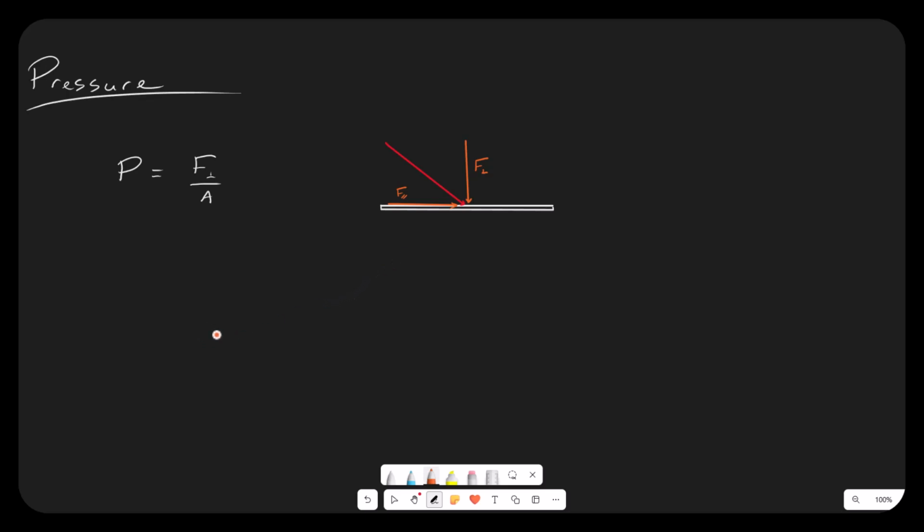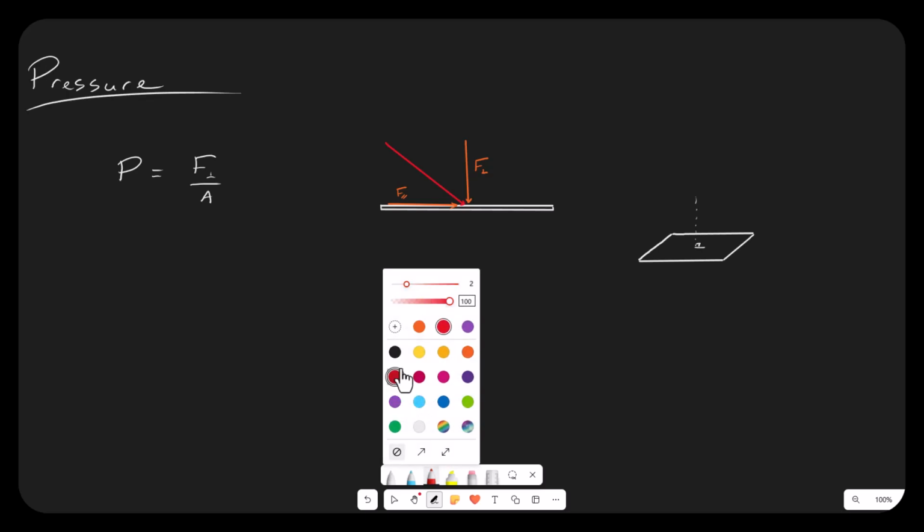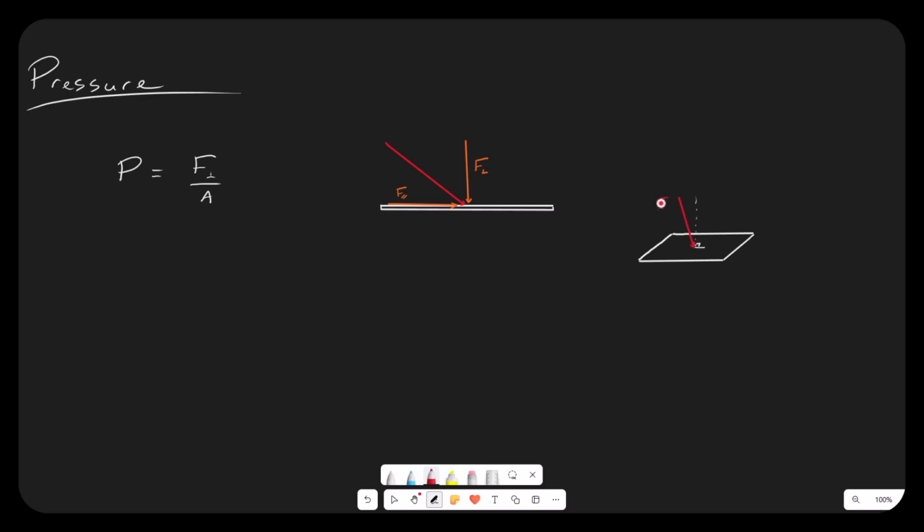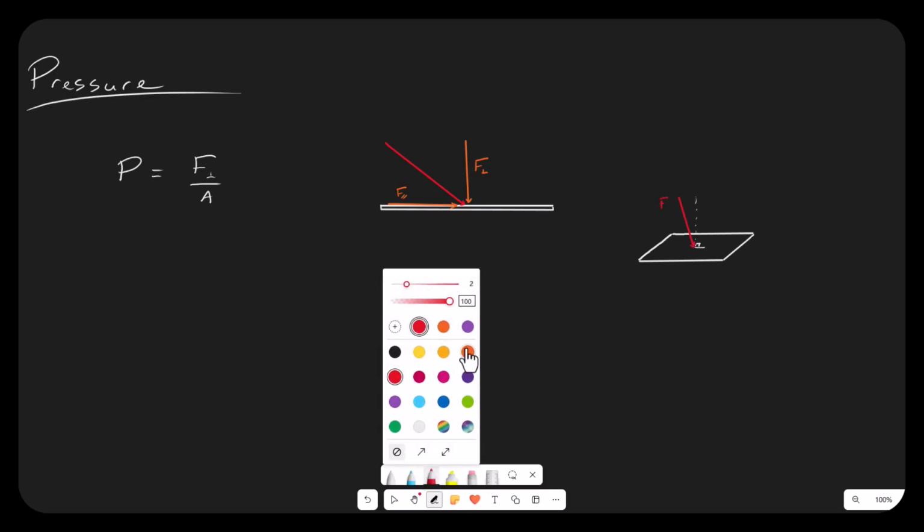So my pressure is going to be a force over area. There is then the next question of what area are you talking about? Well, whatever area the force is acting on. So if I've got a board like this, and let's say this is the line vertical coming off of it, and then I've got some kind of a force coming in this way, I'm going to grab the perpendicular component of that force.